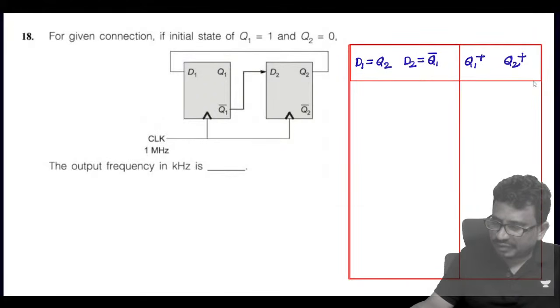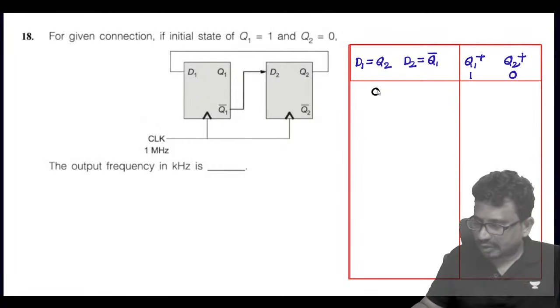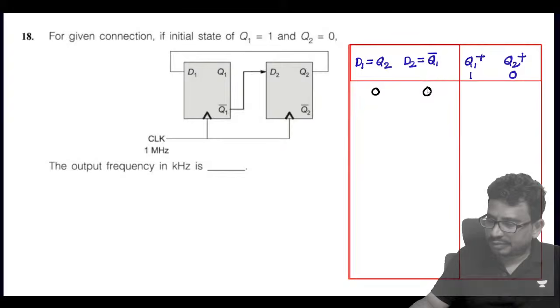They ask you to find this frequency, meaning the mod number. This is the initial value 10. So Q2 is equal to 0. Initial value will come as 0 and 0. Next clock, Q2 is equal to 0.